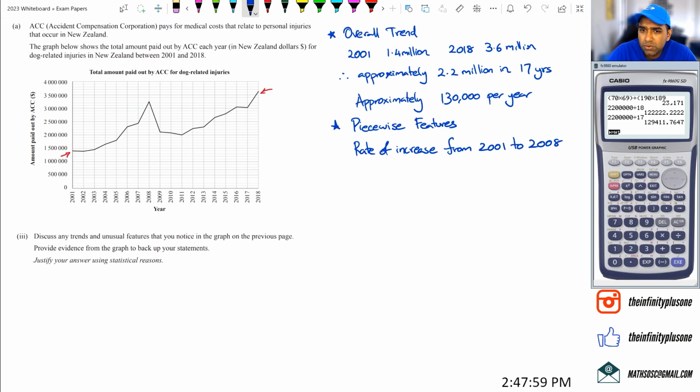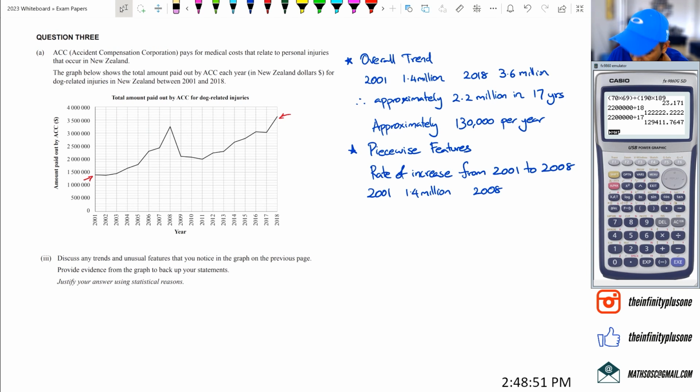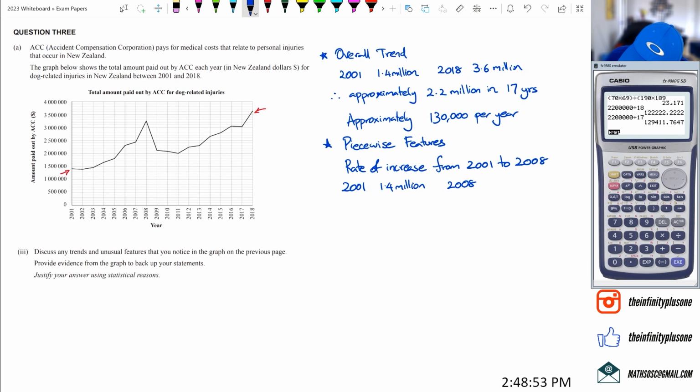Because when I look at the piecewise features, the rate of increase from 2001 to 2008. If we look at 2001, that was 1.4 million, which we already knew. And then 2008, I can't see, that's about 3.2, I think. I'm thinking around 3.25 million.